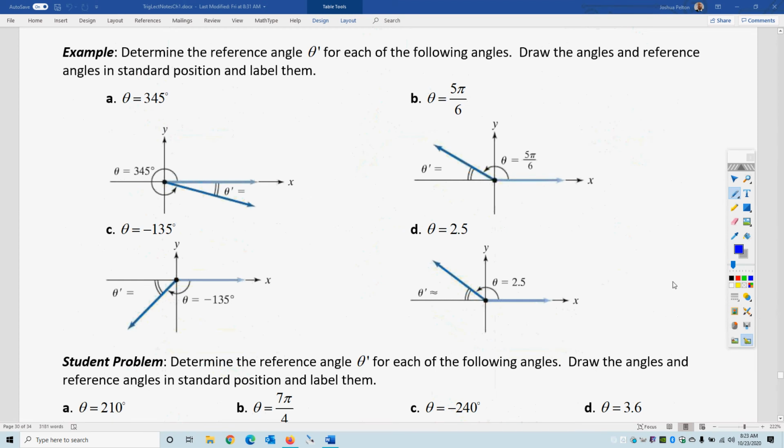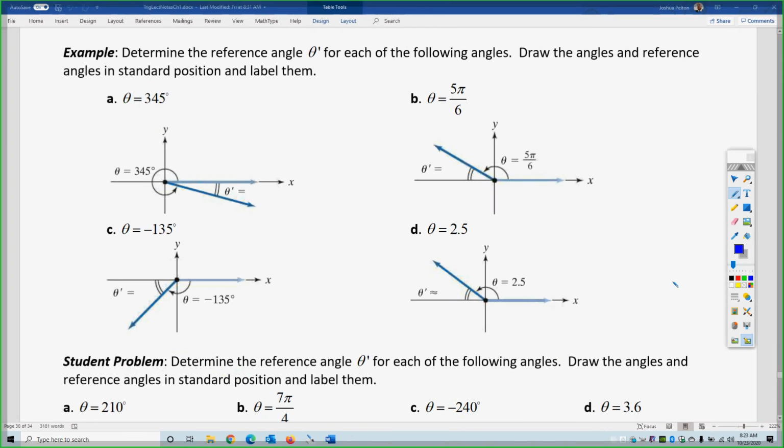Let's say I have 345 degrees. That's almost all the way around, but I don't want to figure out my sine, cosine, tangents for 345. I want to figure out the rest. So if I do 360 minus 345, I get 15 degrees. So 15 degrees is my reference angle. If I do 5 pi over 6, this is 0 pi over here, this is 1 pi over here, so I almost made it around to 1 pi.